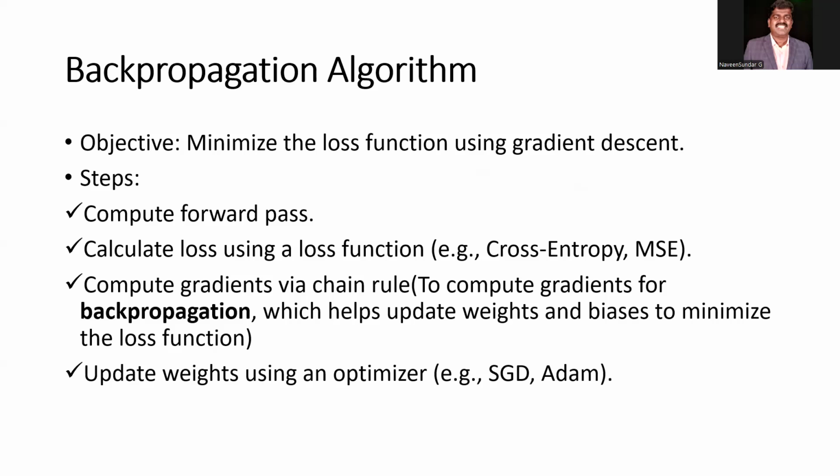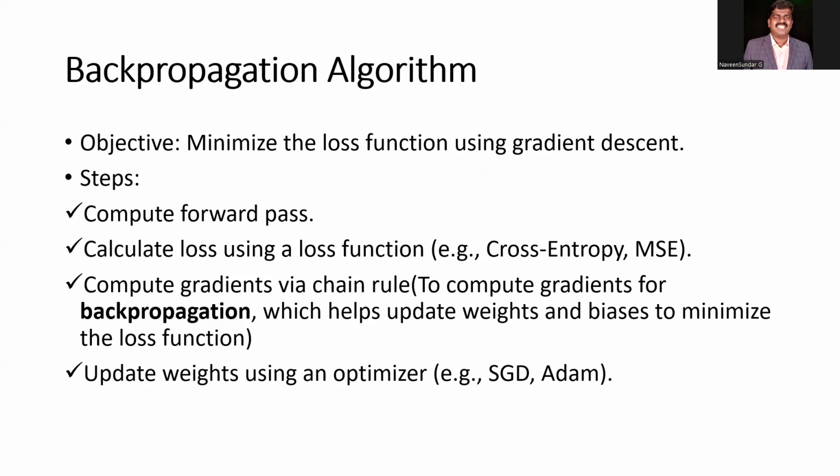So mainly in back propagation, we are updating the weights and biases to minimize the loss function, because in the forward pass we get a loss. So we go for back propagation to reduce the loss, and for that we update the weights. Already we have given weight added with the bias to get the output layer.